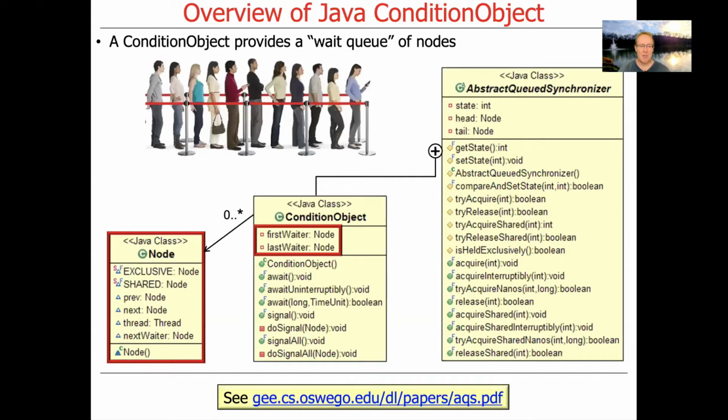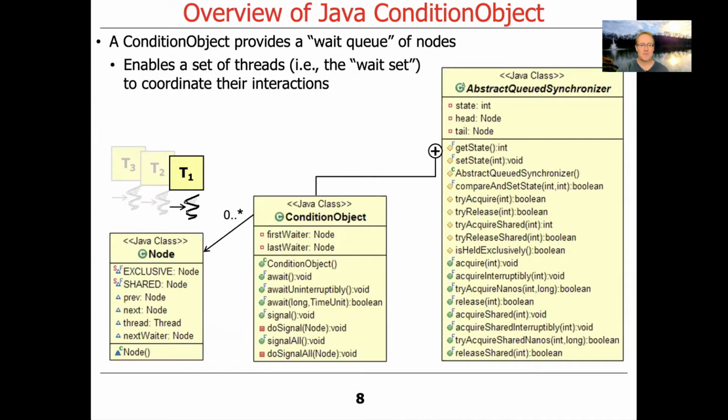And then there's a bunch of nodes that keep a linked list, or a doubly linked list, of the threads that are waiting to have their conditions satisfied. This allows the wait set, which is what that set of threads is called, to coordinate their interaction. They basically just park there, waiting their turn.